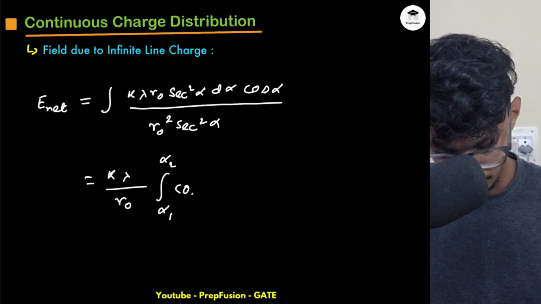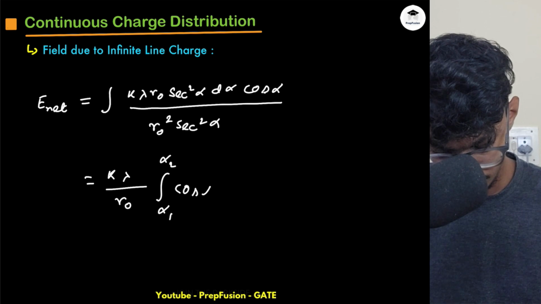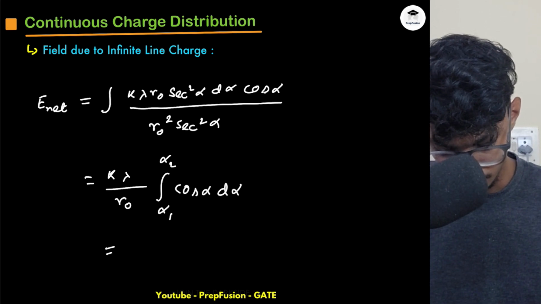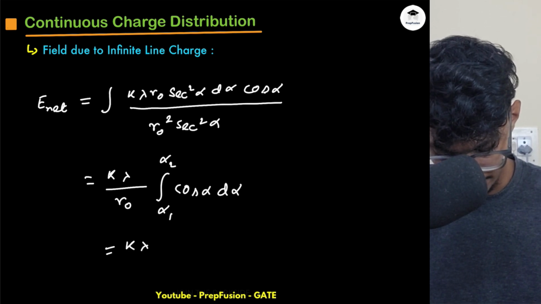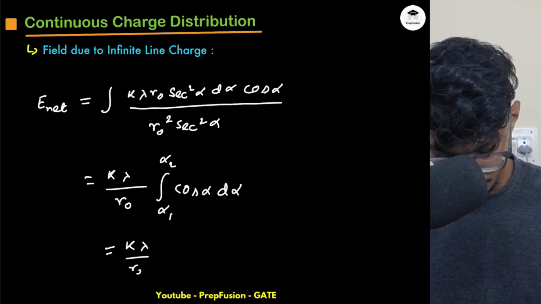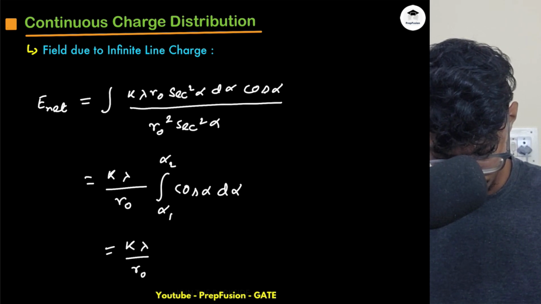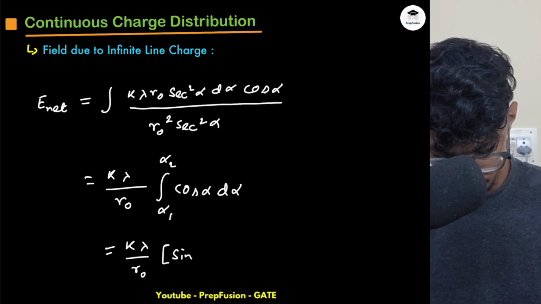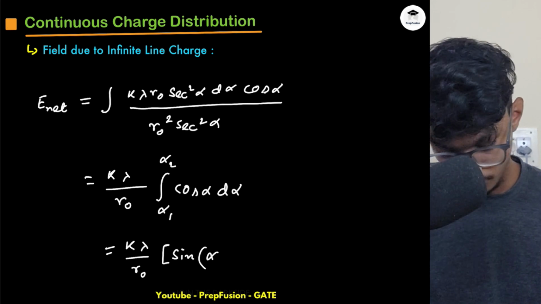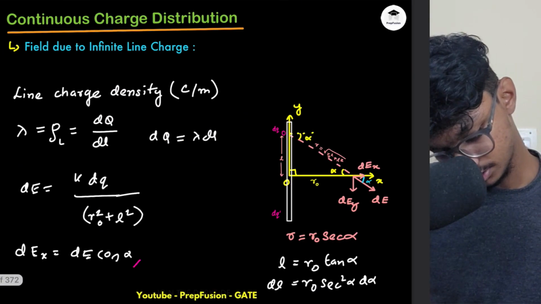This is the integral of cos alpha d alpha, so this will come out to be k lambda by R naught times sine alpha. From where will I start actually? I can start from anywhere.